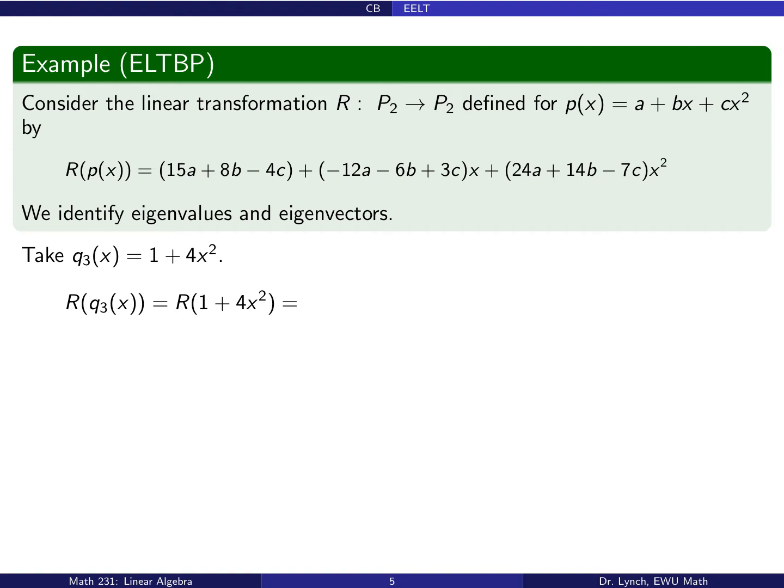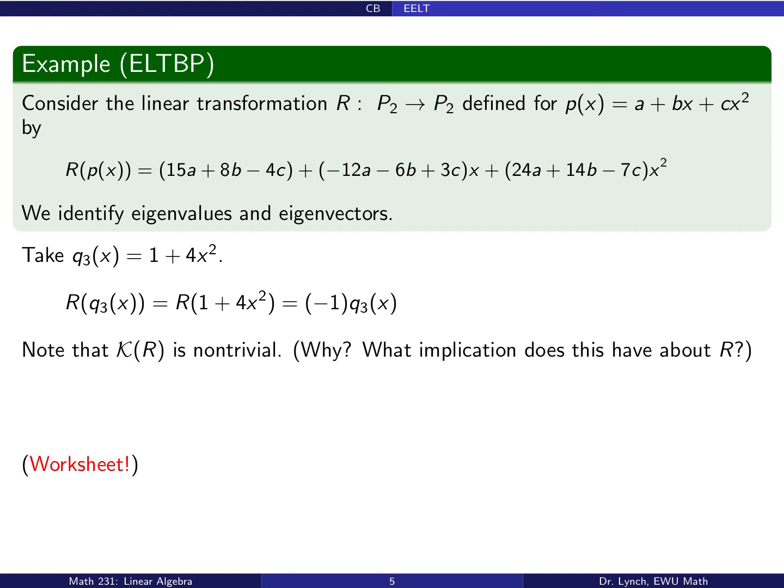And similarly, 1 plus 4x is another eigenvector. So the image of Q3 under the transformation R is lambda 3 times Q3, with lambda 3 equal to minus 1. We notice that the kernel of this transformation R is non-trivial.